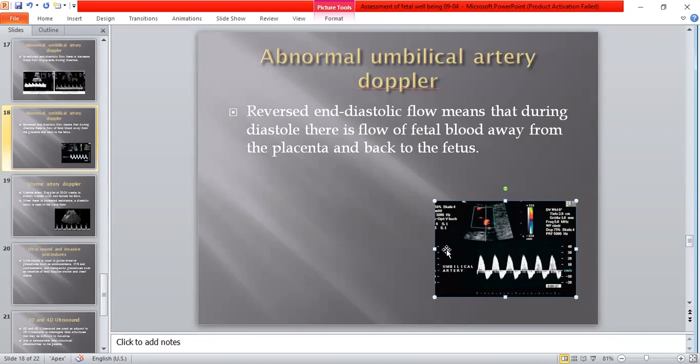Absent or reversed end diastolic flow in the umbilical artery is a serious development with a strong correlation with fetal hypoxia and intrauterine fetal death. Use of Doppler ultrasound in high-risk pregnancies is a strong tool to improve obstetric care outcomes and reduce perinatal deaths.